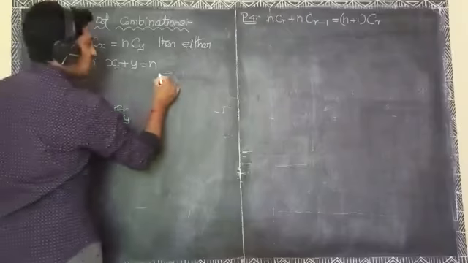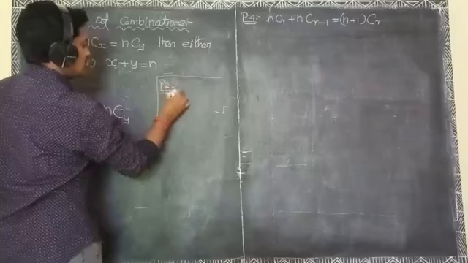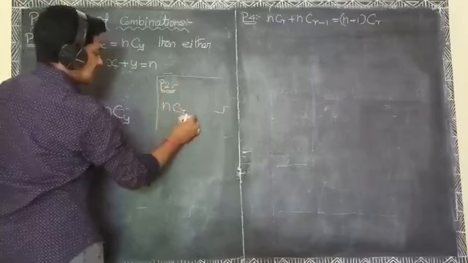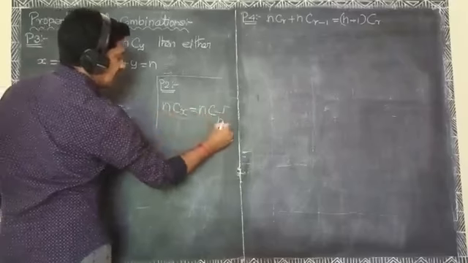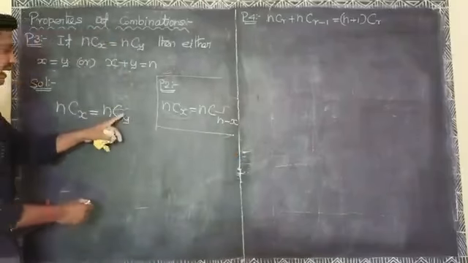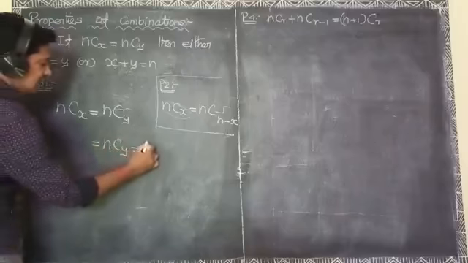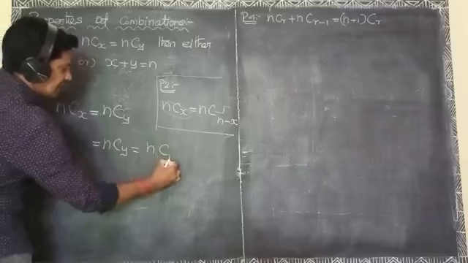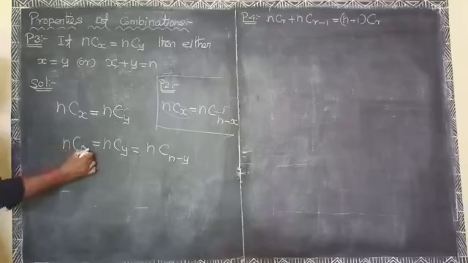We know from property number 2 that nCx is equal to nC(n minus x). Using the property, nCy is equal to nC(n minus y). In the left hand side, nCx.